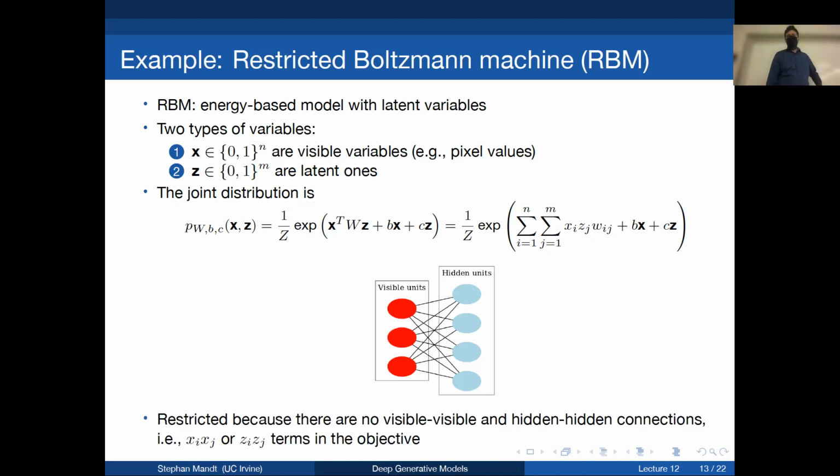It's restricted exactly because of these constraints. There are no visible connections, and there are also no hidden connections. In other words, these coupling terms xi times xj or zi times zj simply don't exist, and this is why the model is going to be tractable later on.